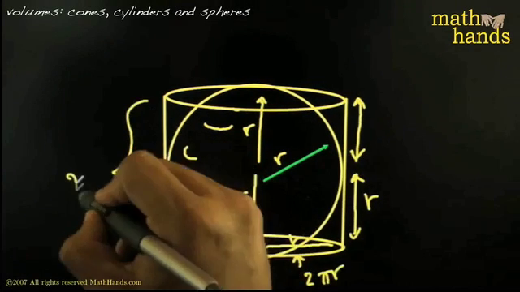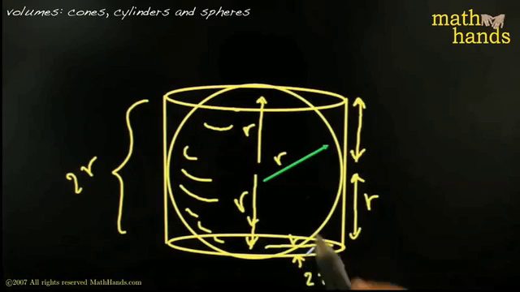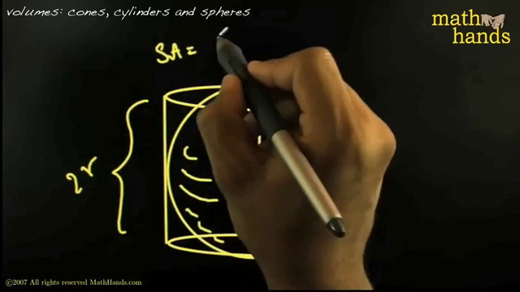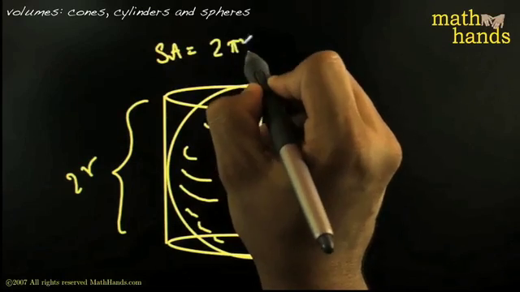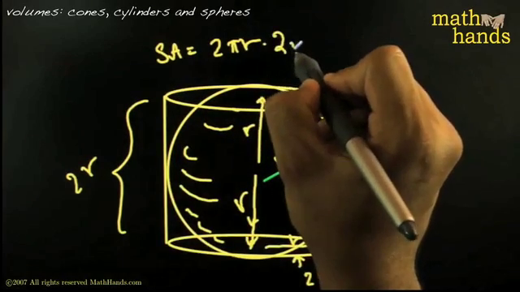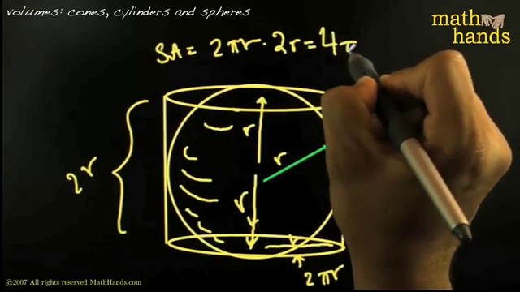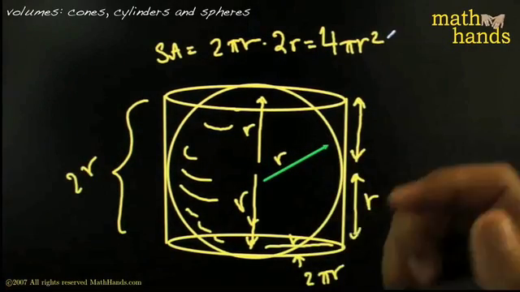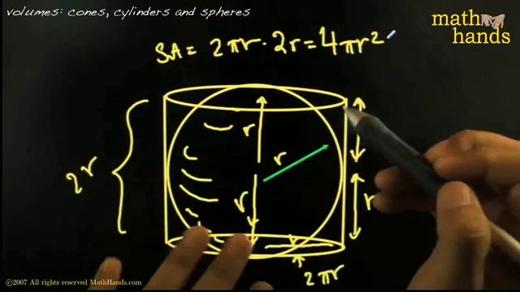Therefore, the height is 2r. So the surface area for the cylinder would be 2 pi r, the circumference around the circle, times the height, which would be 2r, which gives you a total of 4 pi r squared.